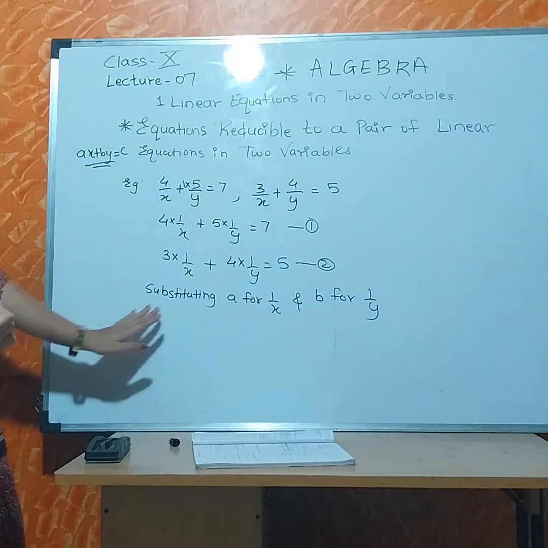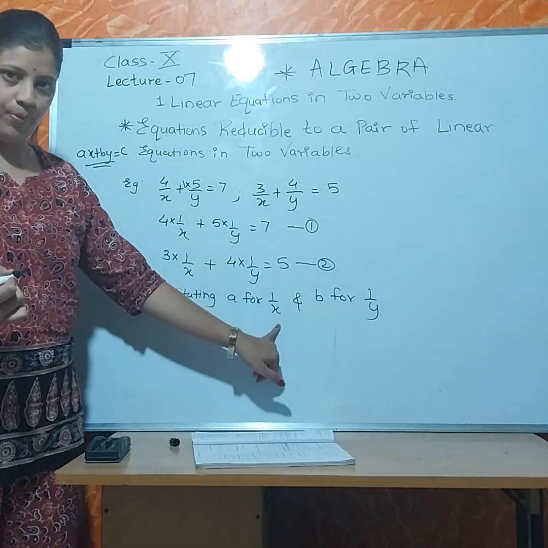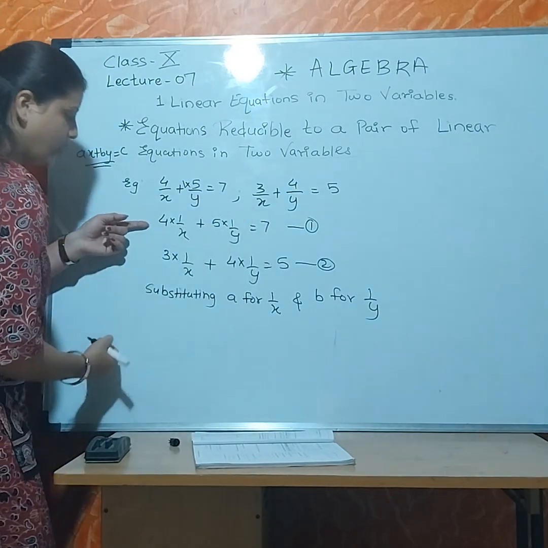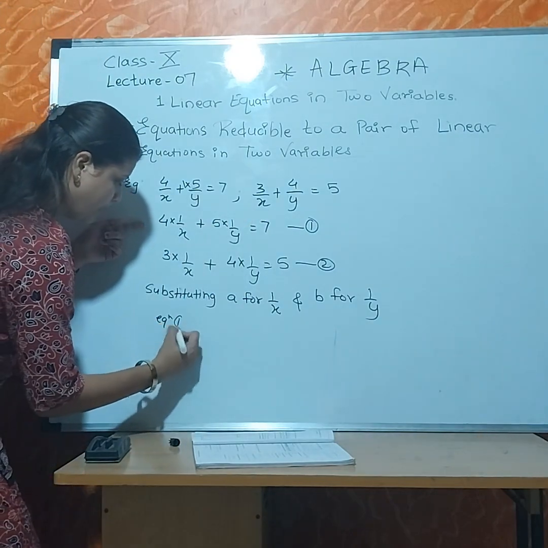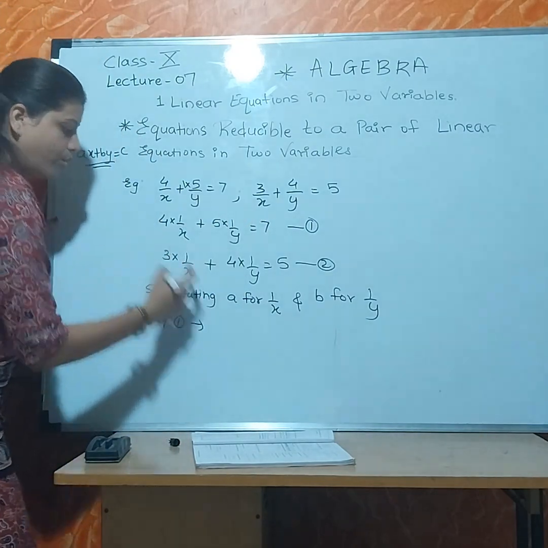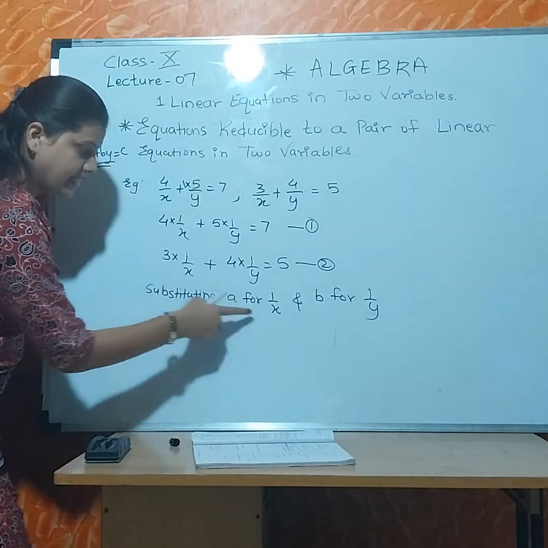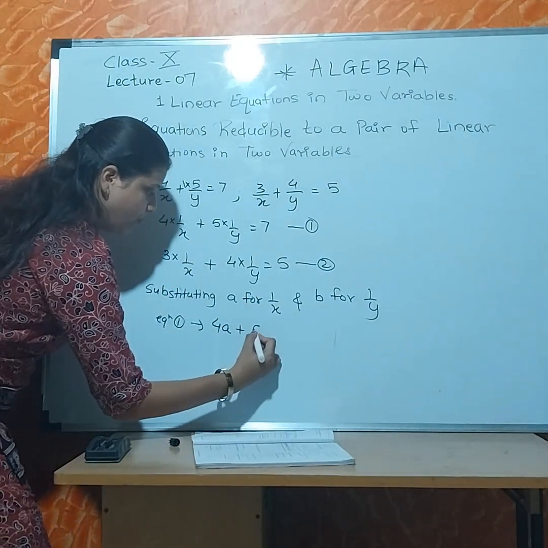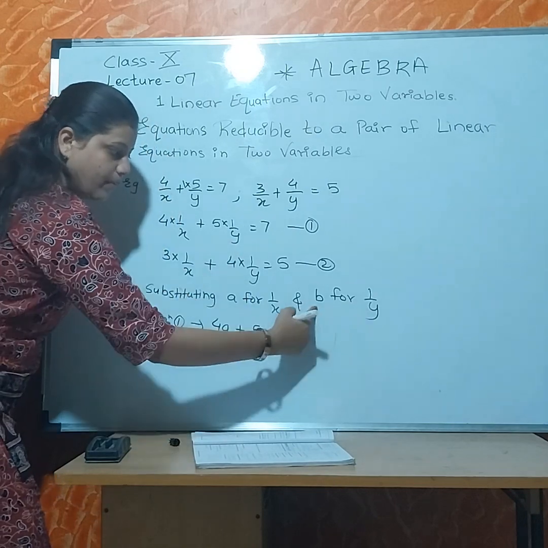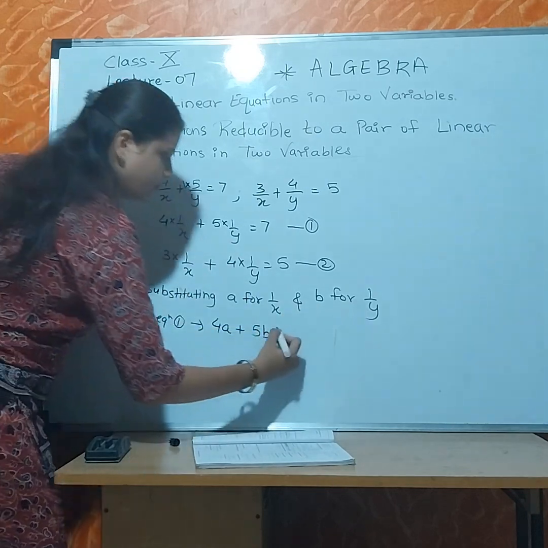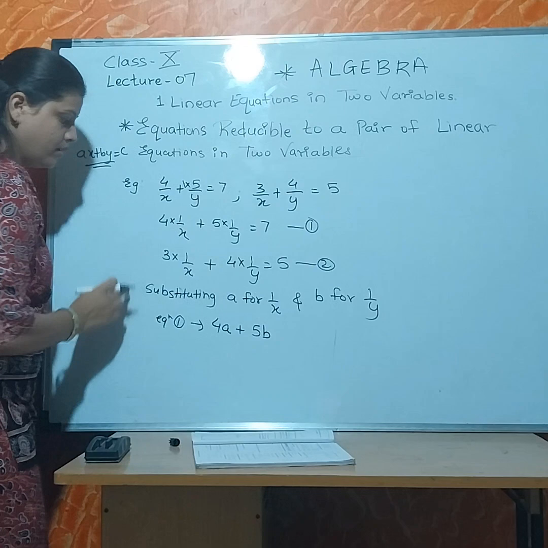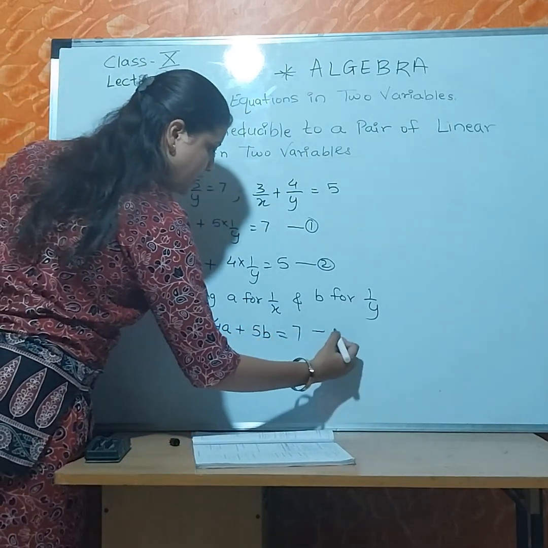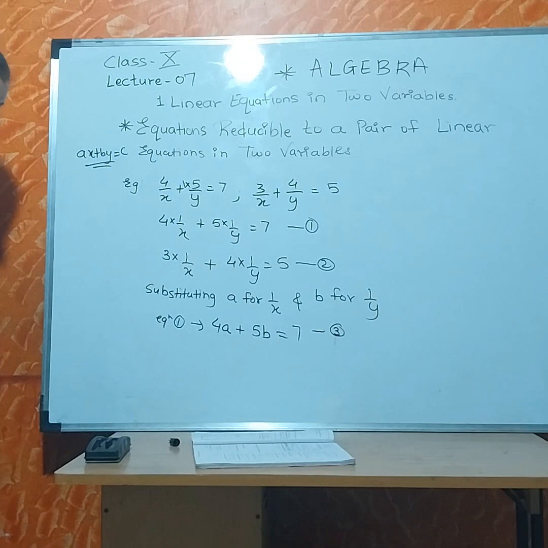So our equation 1 will be 4, now here 1 upon x is a, so 4a plus 5, 1 upon y is b, so 5b. 4a plus 5b is equal to 7. Now this is our new equation number 3.